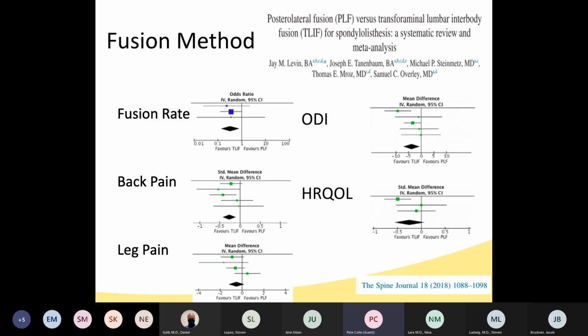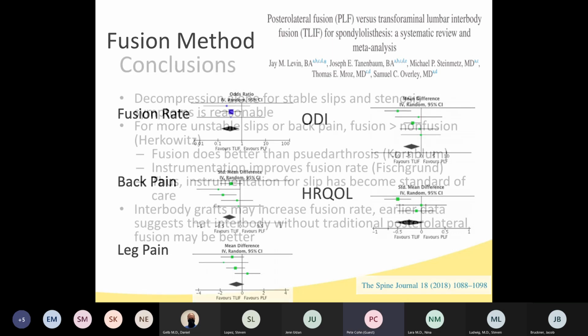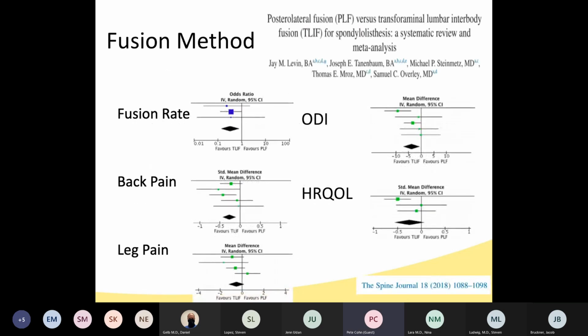And additionally, the TLIF had similar results in terms of EBL, infections, and that sort of thing. So still up in the air, but there is maybe some evidence that an interbody does improve the outcomes.